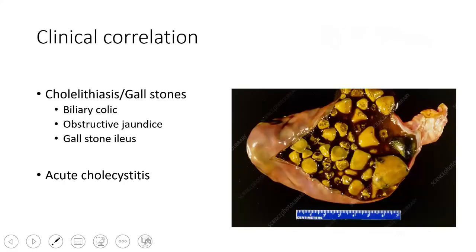Then, if you look at the clinical correlations of the gallbladder, you can have stones forming within the gallbladder. If the bile is too concentrated, or if there's too much cholesterol, it can be formed into stones. So, stones remaining in the gallbladder without causing any symptoms is not a problem.